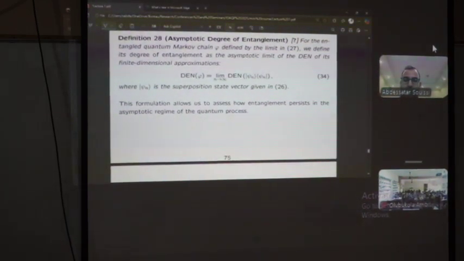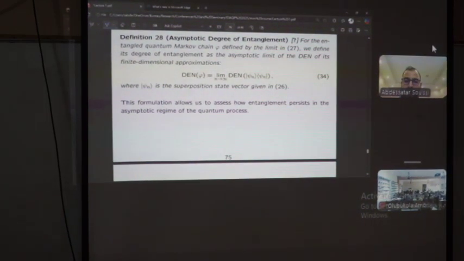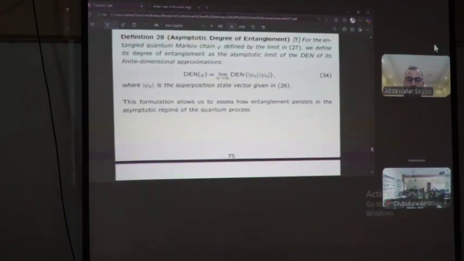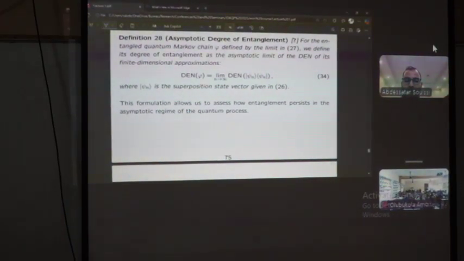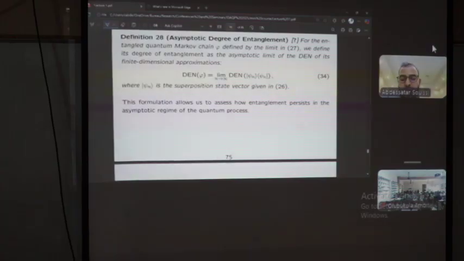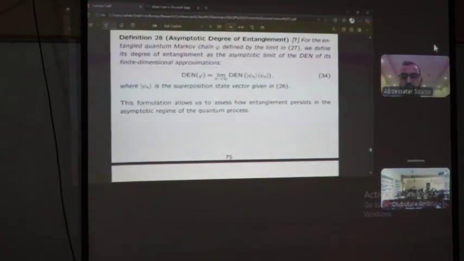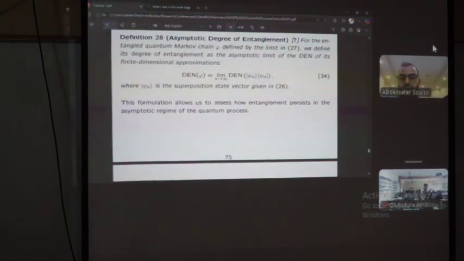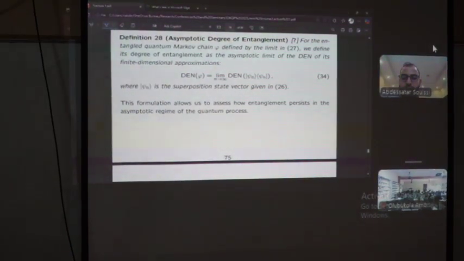Since we are studying states of an infinite system, we may define the asymptotic degree of entanglement of a state phi as the limit of the degrees of entanglement of psi n.